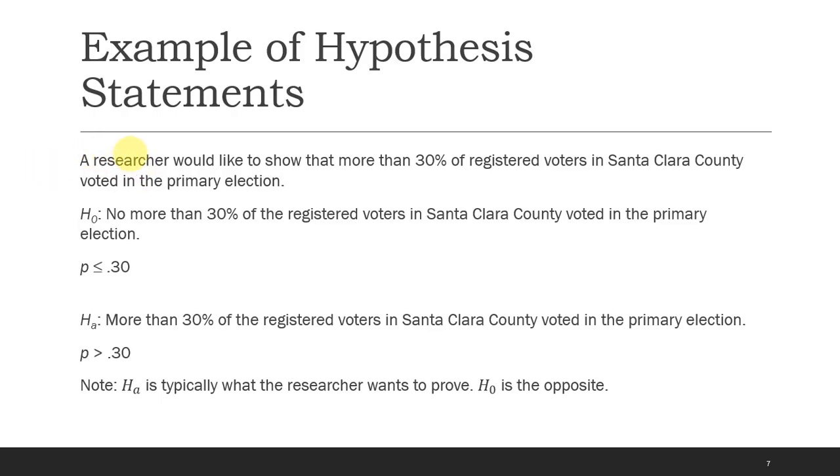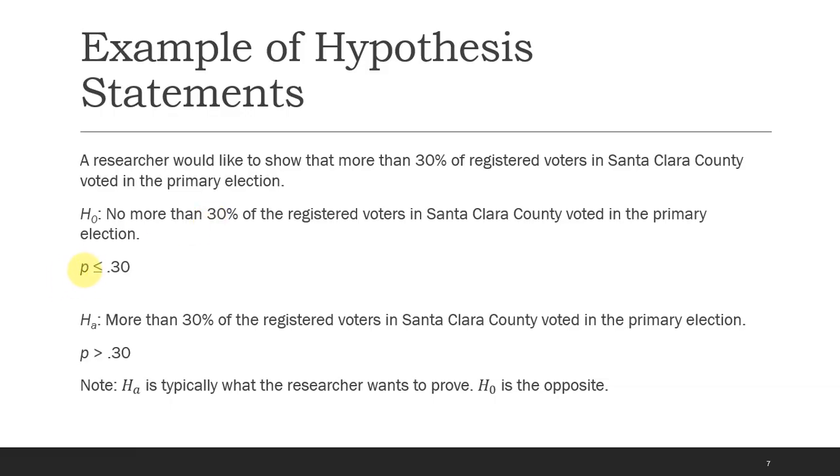Okay, so the status quo is typically going to be the opposite of that. If this is what you're trying to show, that it's more than 30%, look at how the null hypothesis has been set up. No more than 30% of the registered voters in Santa Clara County voted in the primary election. And so obviously we are talking about percentages. That's a proportion. Hypothesis tests can be done with means or proportions.